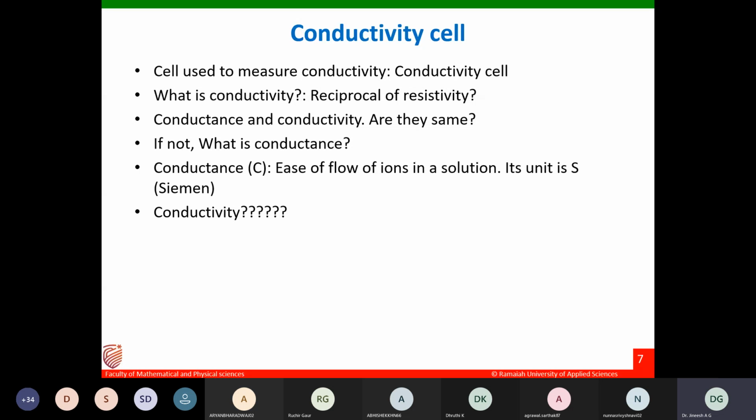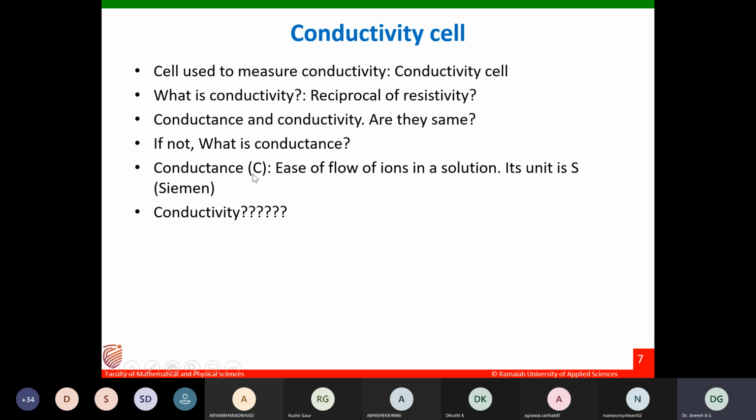So conductance of a solution is the measure of how easily the ions flow through it. Any doubt? No doubt. Conductance is normally represented by the letter C, and its SI unit is Siemens, represented by S.